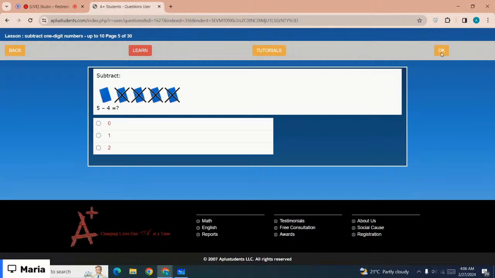Yes, the correct option is 1, right? 5 take away 4 is 1.